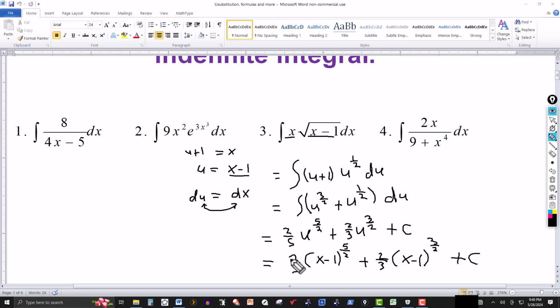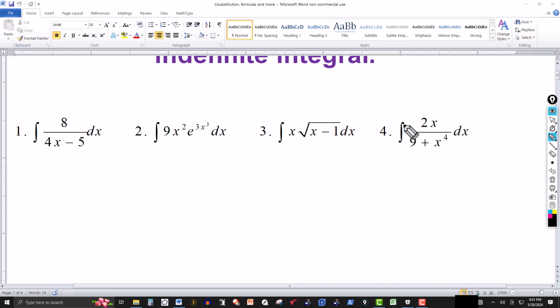So again, 2/5 here, and then x minus 1 to the 5/2 power, plus 2/3 here, and x minus 1 to the 3/2 power. And I can write this in terms of a radical here, but if there's no specific instructions given, you can leave it in this form. And that's the way I'm going to leave it here for this one. So that's the solution for the third one.